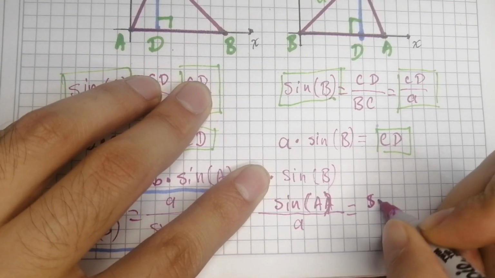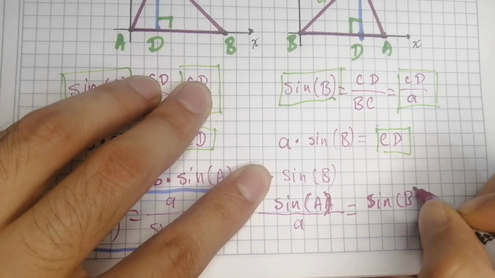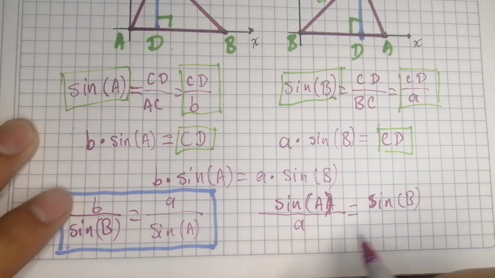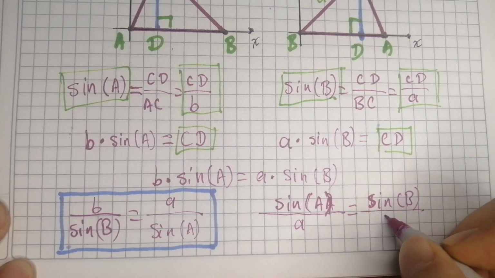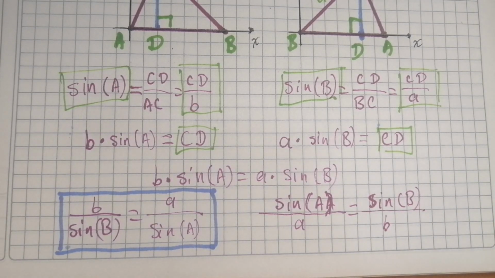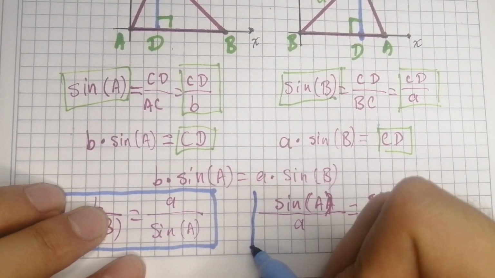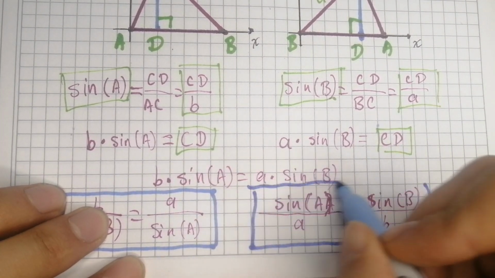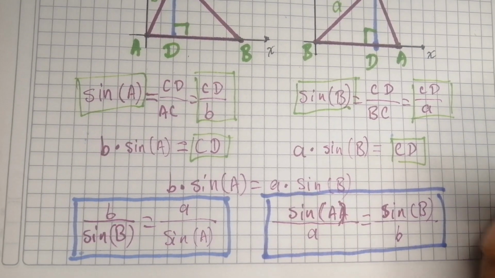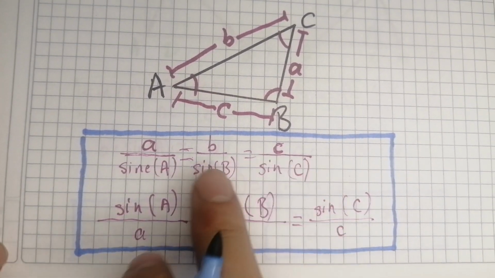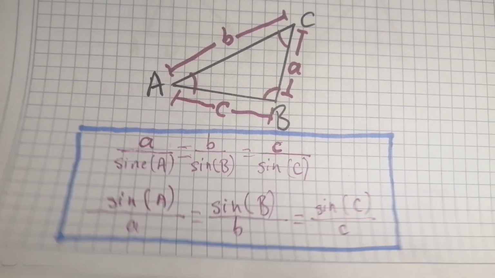I am not going to move it, sine of B. And this sine of capital B is going to be divided by what? By this B that I have here in this position. So this is going to be divided by lowercase b. And in that way I am creating the second part of my demonstration, this one over here, that says that basically the inverse of these expressions also applies for the same rule.